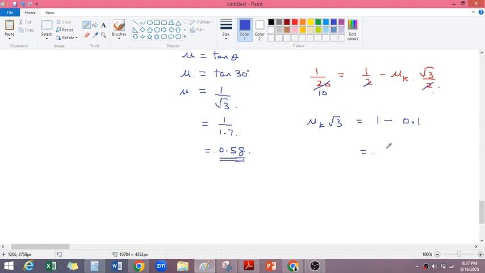Or you can write 0.9 as 9 by 10. Root 3 will come on this side, so it will become mu k on this side. Simplify this, I should get the answer here. Any easy method, I can do 3 into 3, 10 root 3.